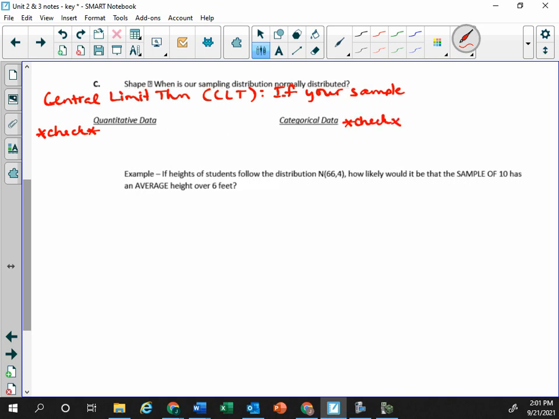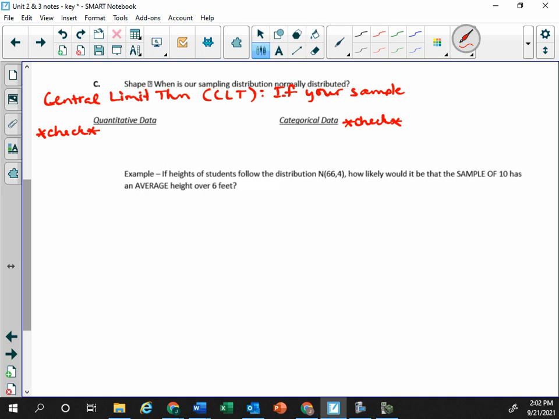When we get to free response problems, with this unit and continuing through the rest of the year, checking your conditions is kind of like free points on the AP exam. It's going to have to happen on almost every single free response question. Even if you don't really know where you're going in the question, you can say, okay, I can check some conditions and squeeze that point out of a problem, even if you're not sure where it's going.